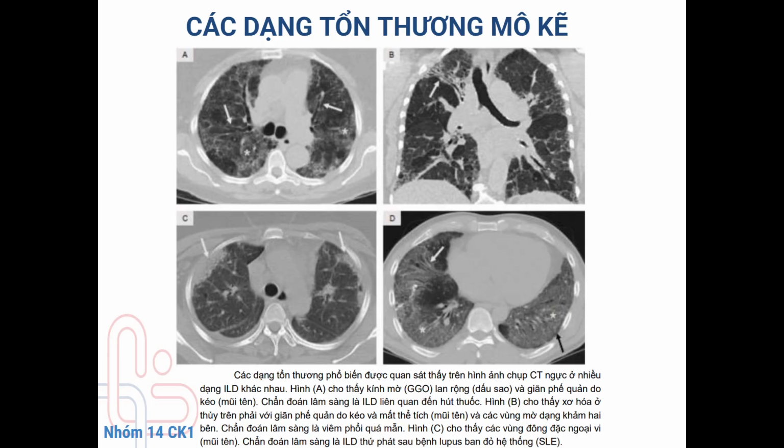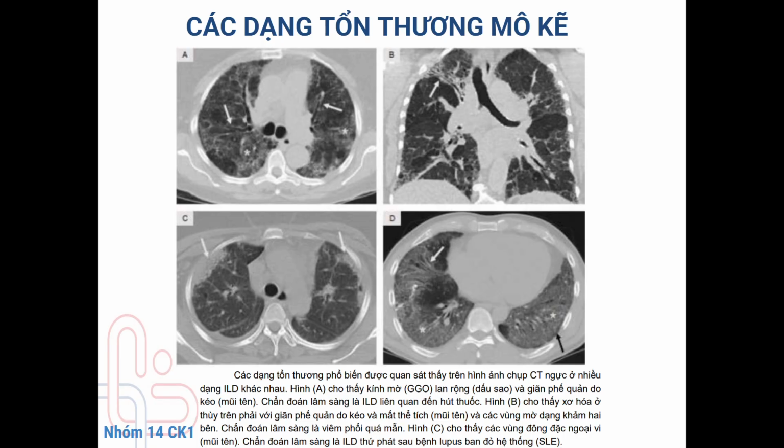Reticulation, representing thickened interlobular septa and intralobular lines, often reflects early fibrosis and is typical of connective tissue disease-related ILD and chronic hypersensitivity pneumonitis.